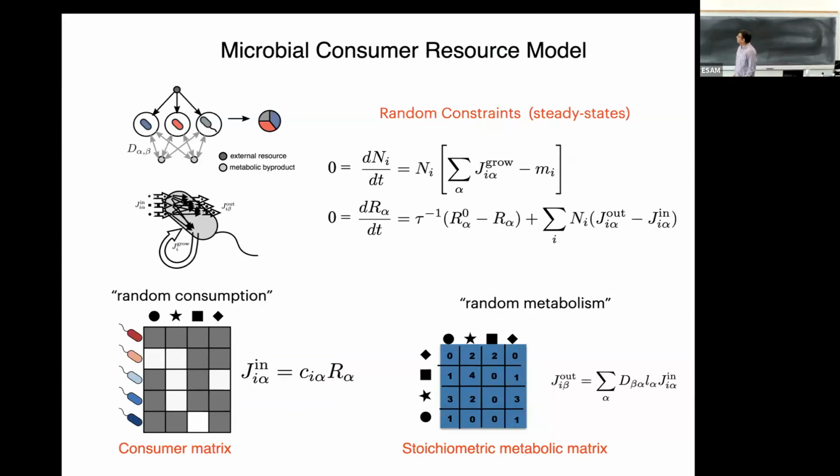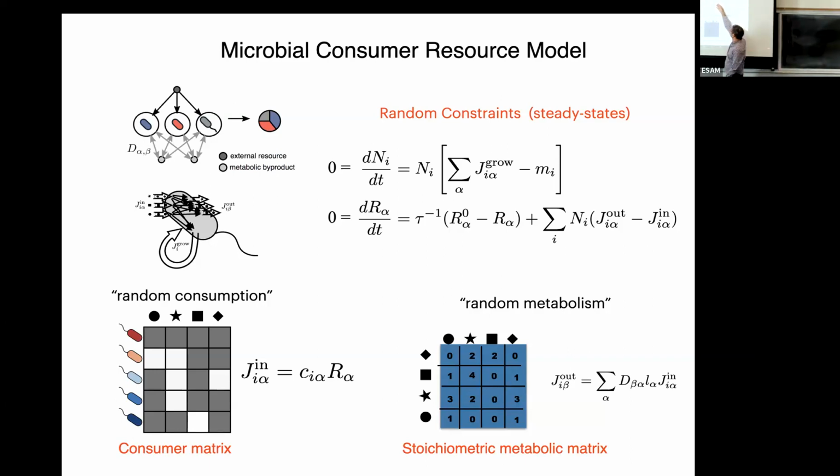The basic equations we're thinking about look something like this, where you have species i whose abundances grow proportional to how much resource they eat. I eat all these resources, R alpha, with some consumption coefficient. I grow, I take some fraction of the energy and leak it back out using this random matrix that encodes metabolism.